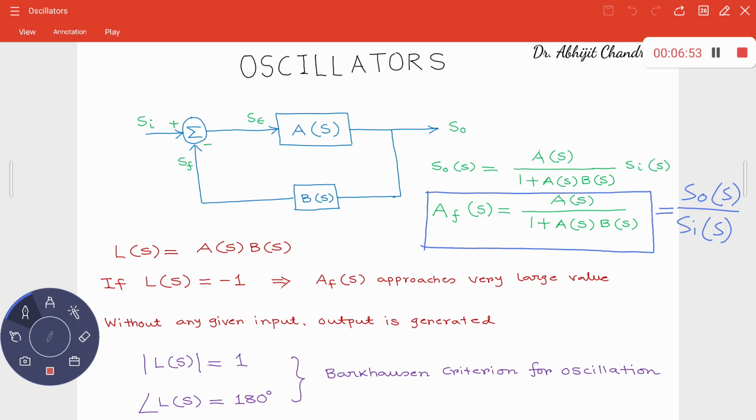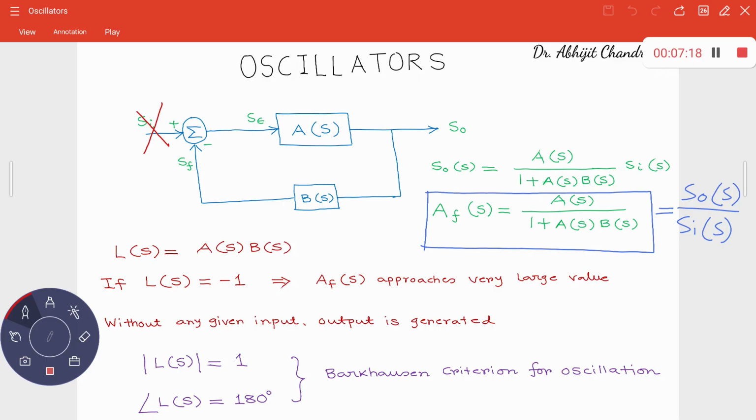Even if S_I(S) is equal to 0, you can have some non-zero S_O(S). So some non-zero output signal you can have out of this circuit. Essentially you don't have any S_I, still you will be able to have some non-zero S_O(S) if this condition holds good.